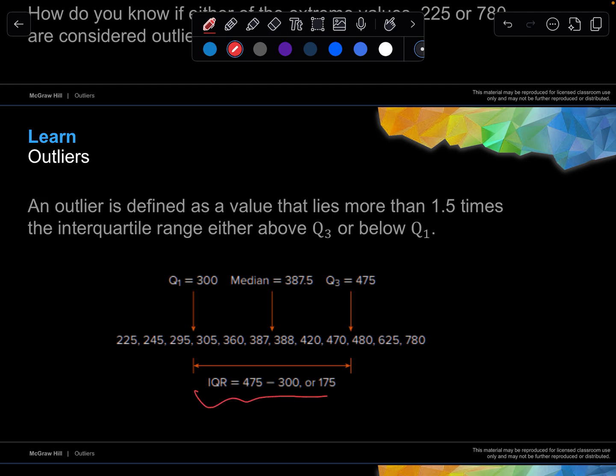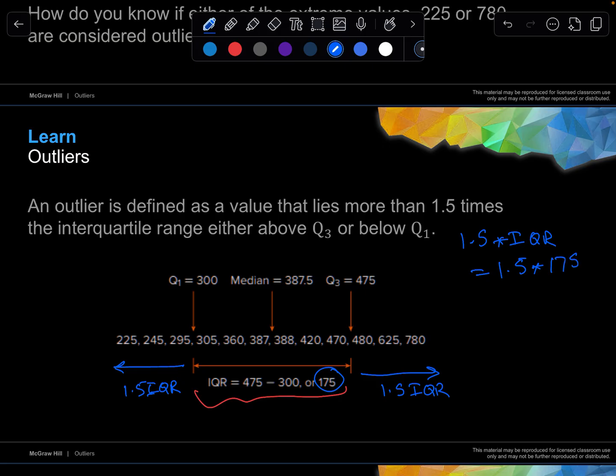So if you look at it, this is my interquartile range. I'm going to be looking for something that is more than 1.5 times my interquartile range in either direction from my Q1 and Q3, from those two quartiles. Okay. So if I look at this data, my interquartile range is 175. So 1.5 times my interquartile range is going to be 1.5 times 175.